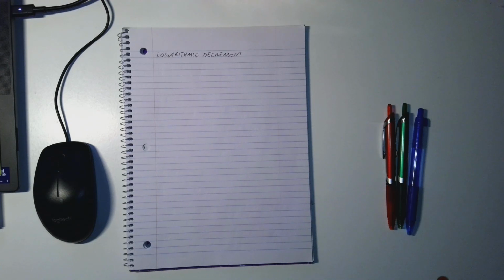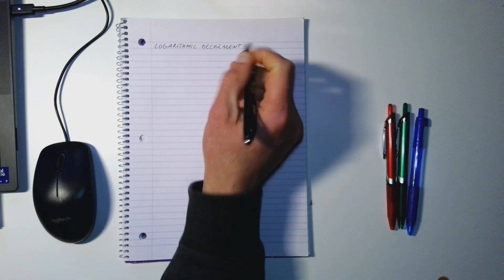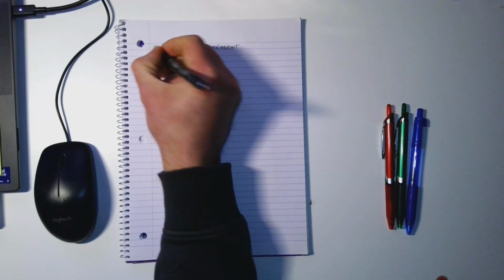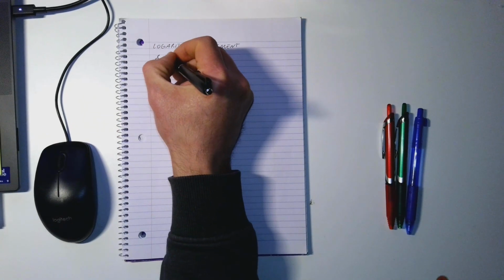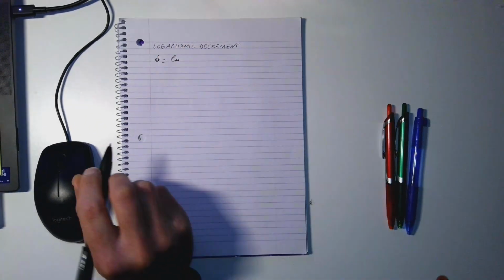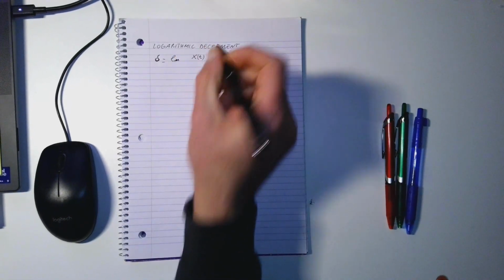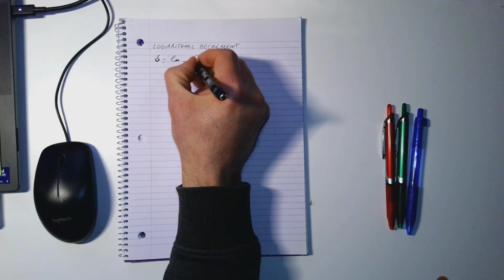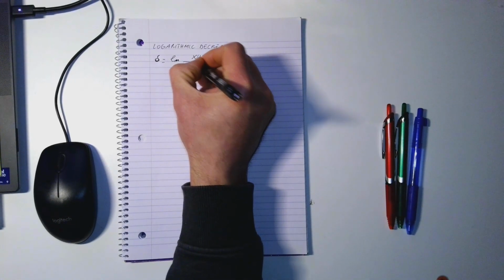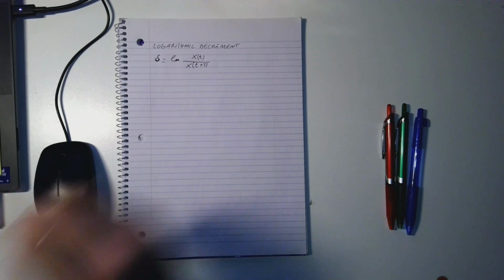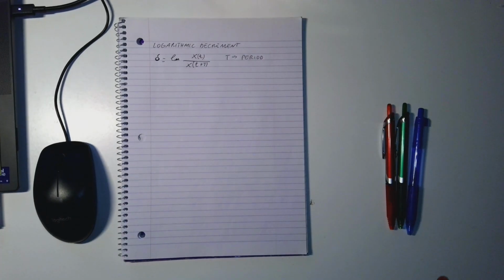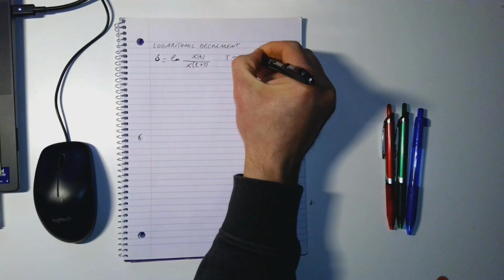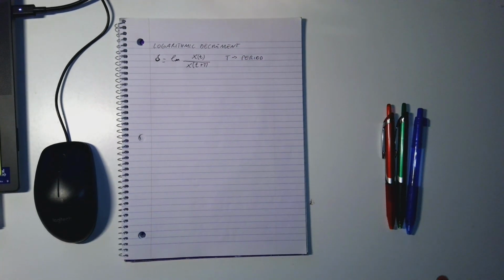So how can we write this mathematically? The logarithmic decrement typically is indicated with the letter delta, the Greek letter delta, and then from the definition that I just gave we can write it as the natural logarithm of x at a certain time t divided by x at t plus uppercase T, where uppercase T is the period of oscillation of the system.